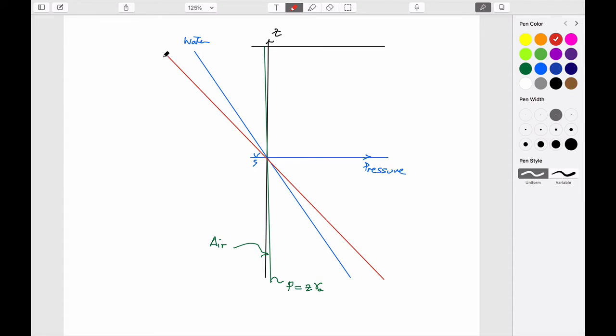And so we'll try and keep with these colors, and this is by definition DNAPL. And these all correspond to the same calculations, that the pressure is equal to elevation times the unit weight of whatever that fluid is. They're all fluids, right? Even air is a fluid. It's not a liquid, but it's a fluid.